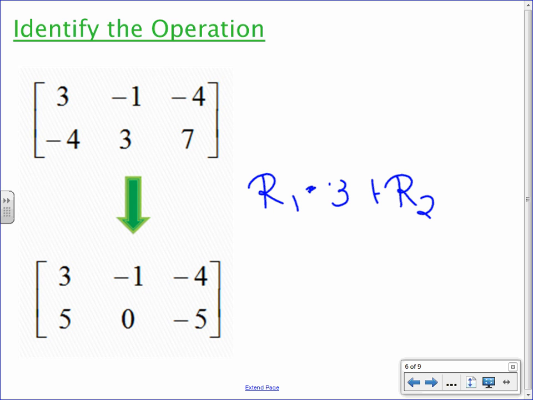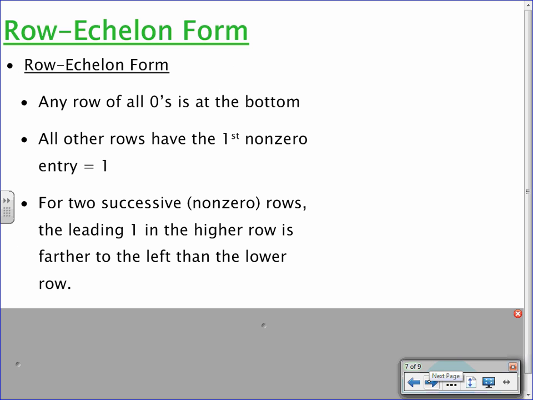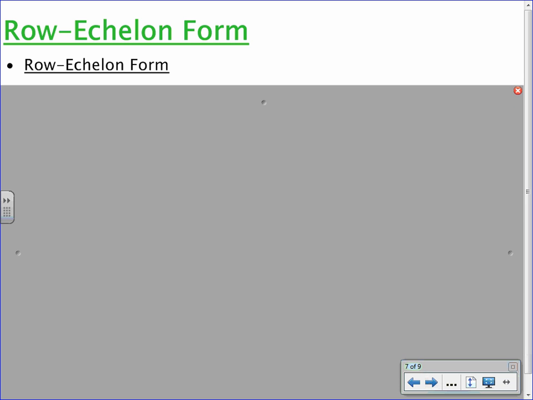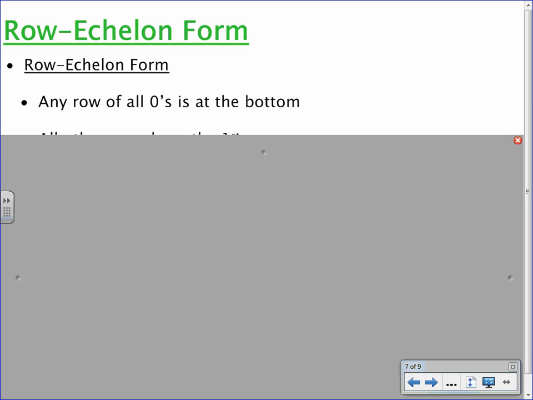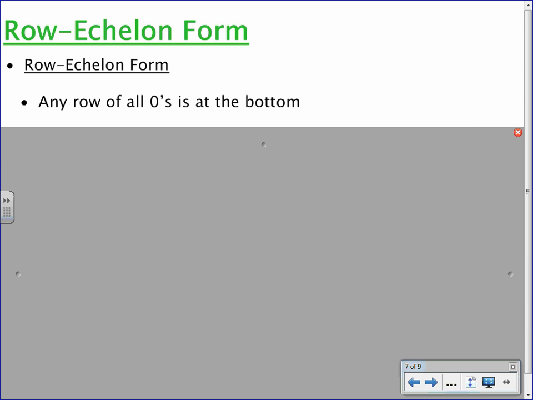So why are we doing this? Always the question. First of all, when we talk about an augmented matrix, we have something called row echelon form and reduced row echelon form. Row echelon form means any row of all zeros goes to the bottom, if there is one.